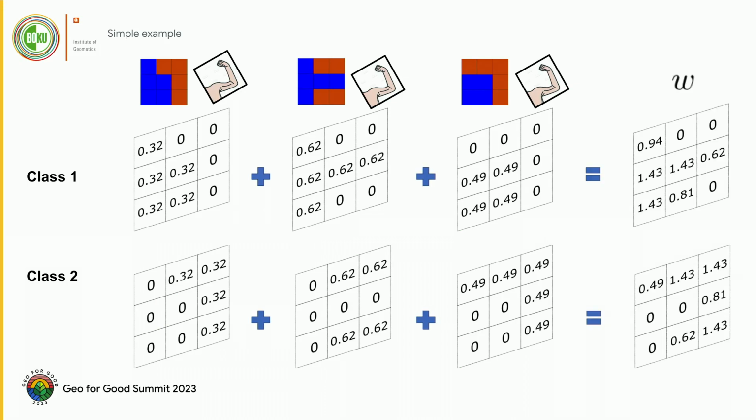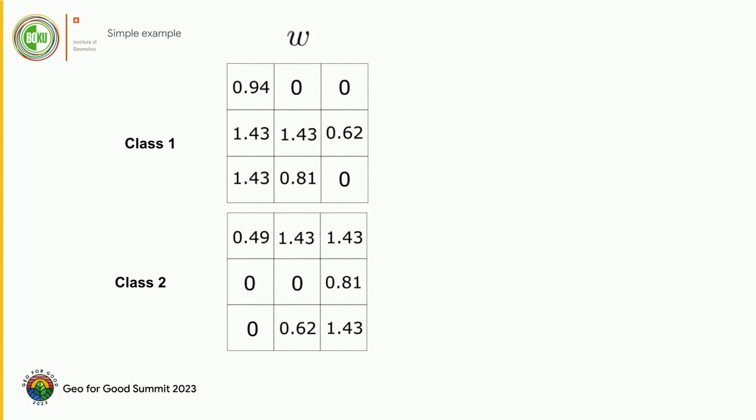So we are going to sum all of them, and we get the weight matrix per class that we are going to apply to get the ensemble classifier. Using these 2 matrices, as we want to improve our classification, we look for the maximum value of the matrices.